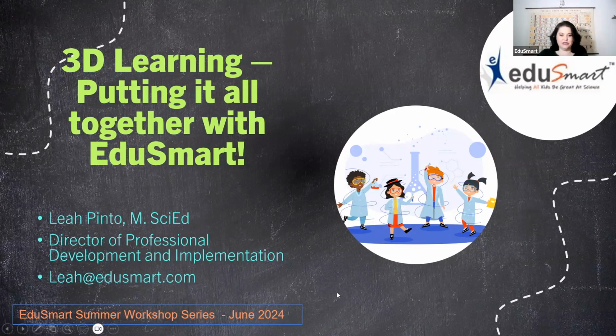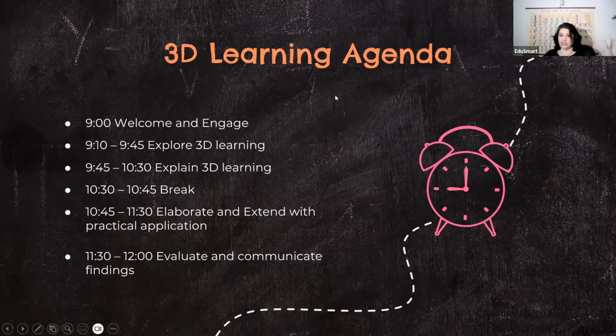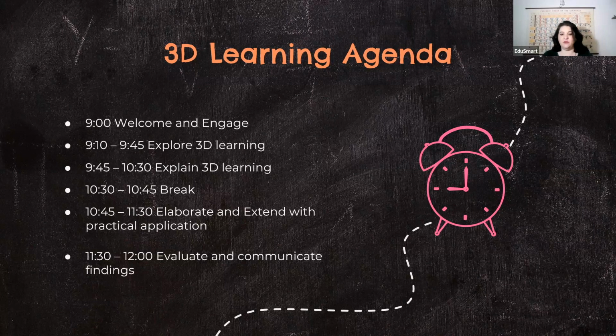I want to start with a quick agenda. Again, you can see this one is going to be slightly different. We will definitely be taking breaks throughout. It is going to be an actual 5E learning cycle lesson on how to do 3D learning in the classroom. So hopefully you will be able to see each of the parts of the 5E lesson cycle as we go through the lesson today.